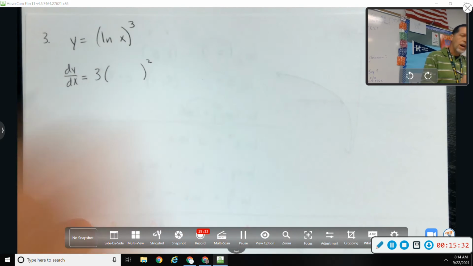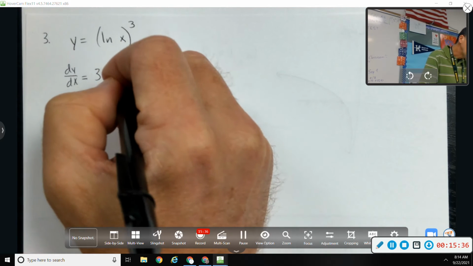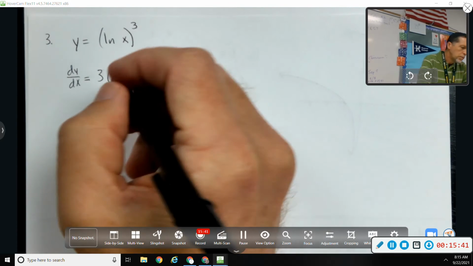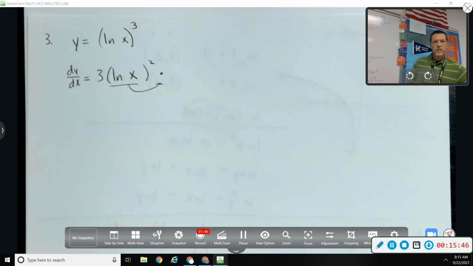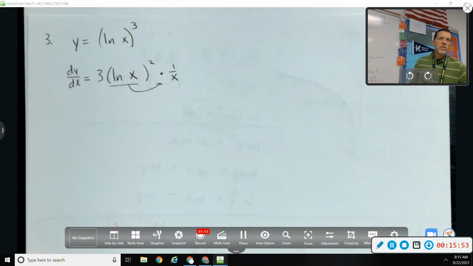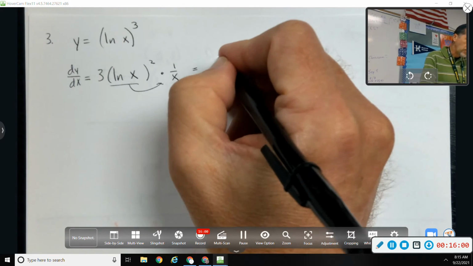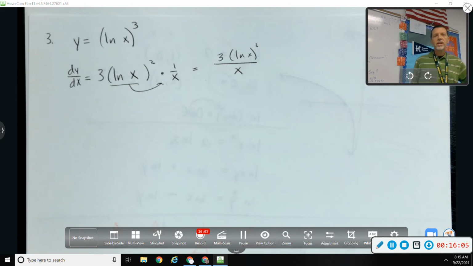Yeah, bring the 3 down front, decrease the power by 1. Leave natural log of x alone, because we only eat one layer at a time. But then chain rule, the derivative of natural log of x is 1 over x. And again, that's a perfectly acceptable way to write that. Calc chat would probably clean it up a little bit.